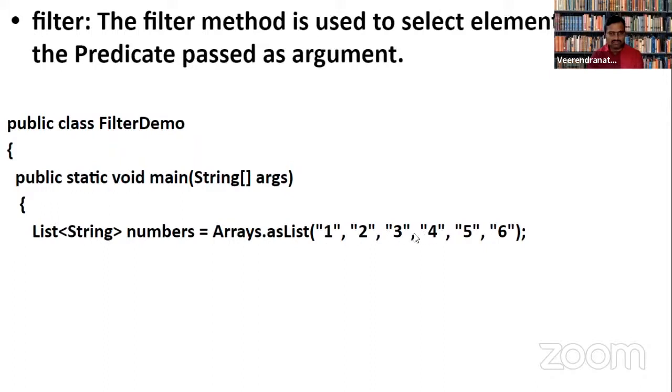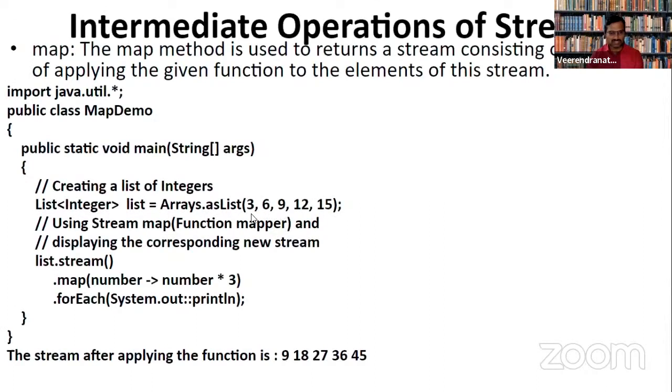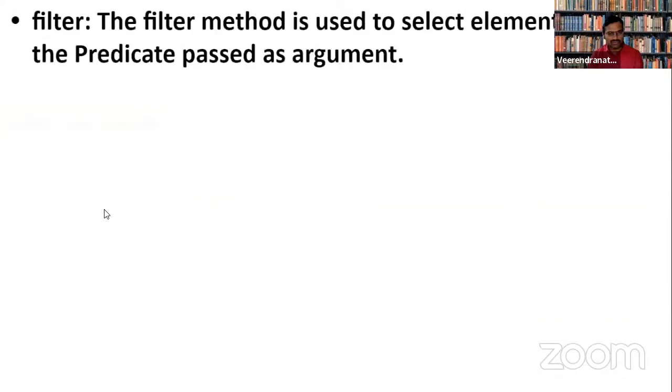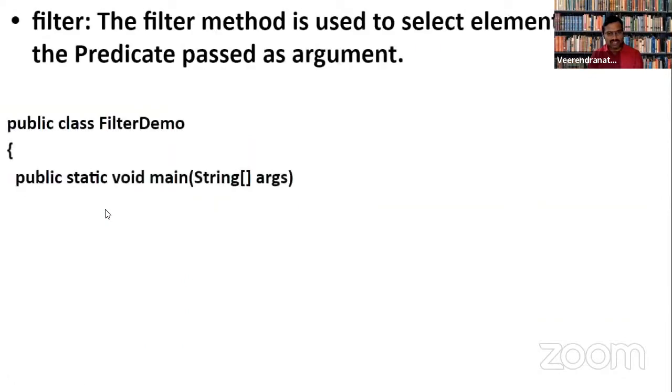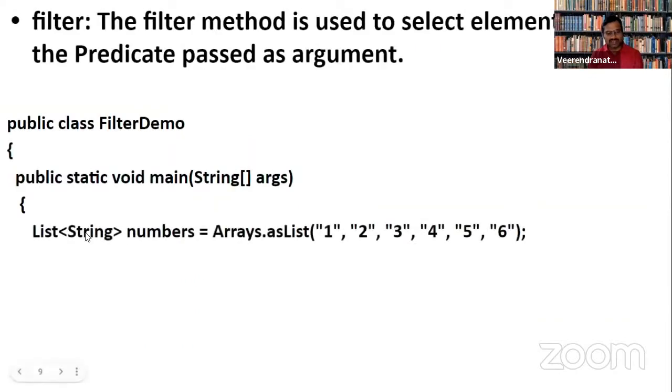Previously they were a collection of integers, because the list was intended to have integers only. But now if you observe, the list can contain strings. This is where generics come into the picture. As you say String, you need to have strings only.